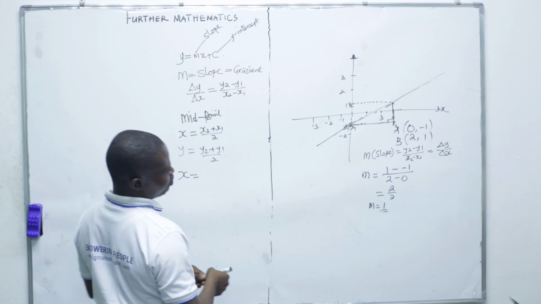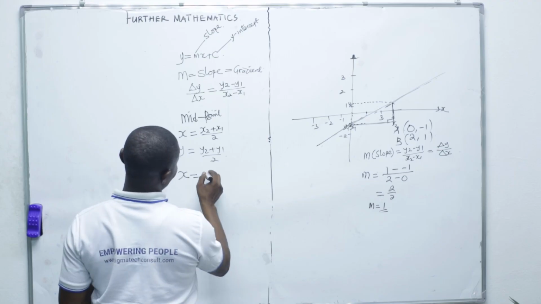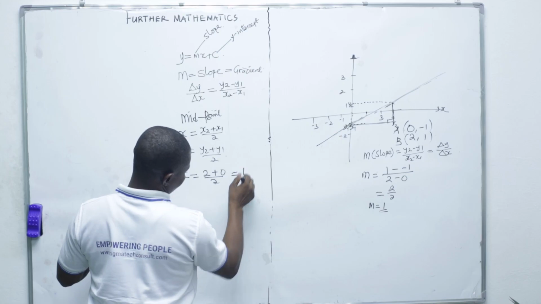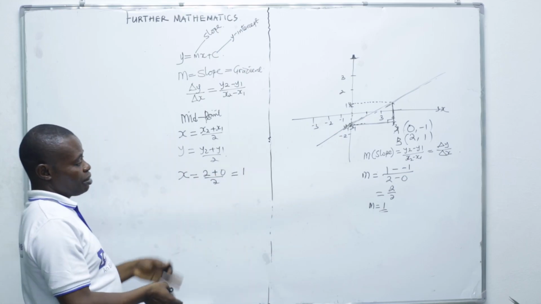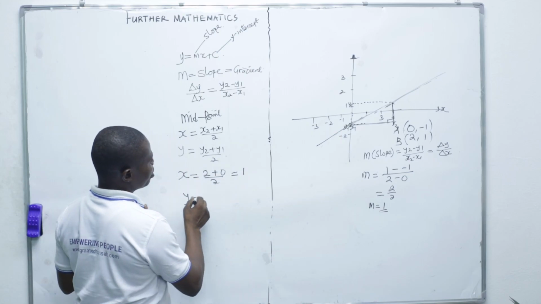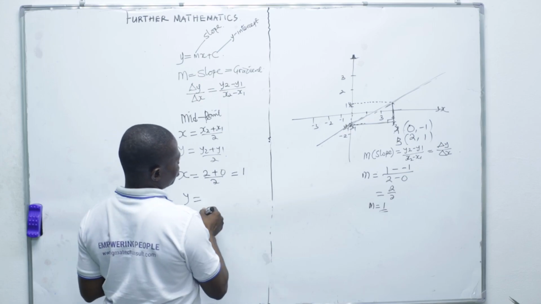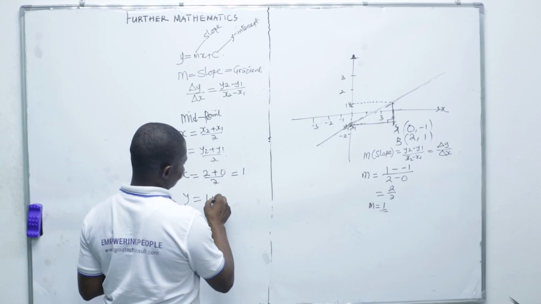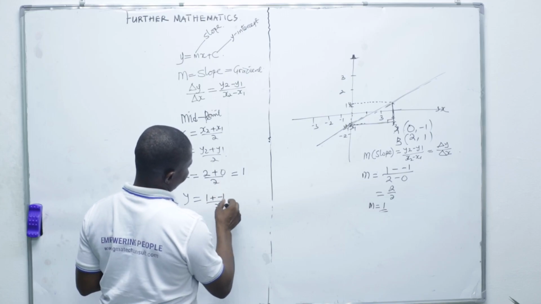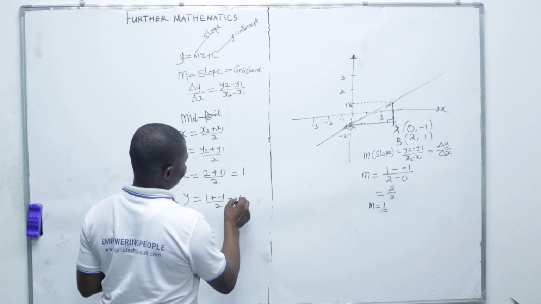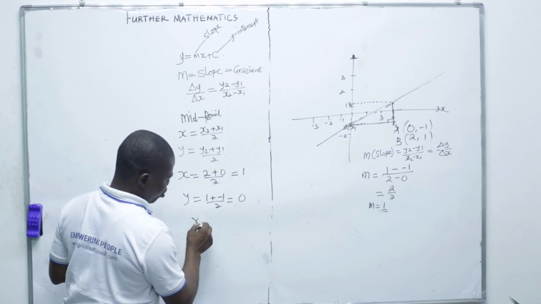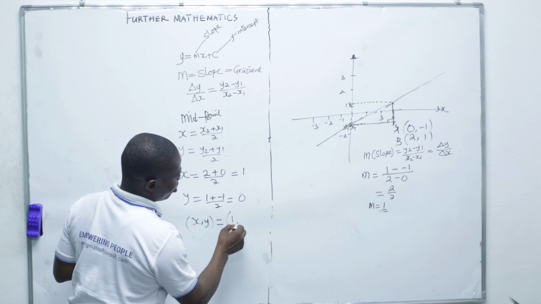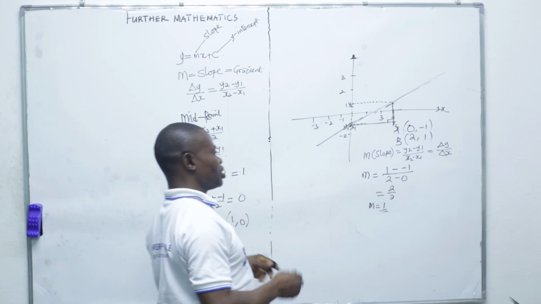So I ask myself, what is x2? 2 plus 0 all over 2. I will have what? 1. Can you see it? I'm forming it now. Therefore, y is what? 1 plus minus 1 all over 2. This is 1 minus 1, that's 0. So now x, y, the original coordinate equals what? 1, 0. Can you see it?